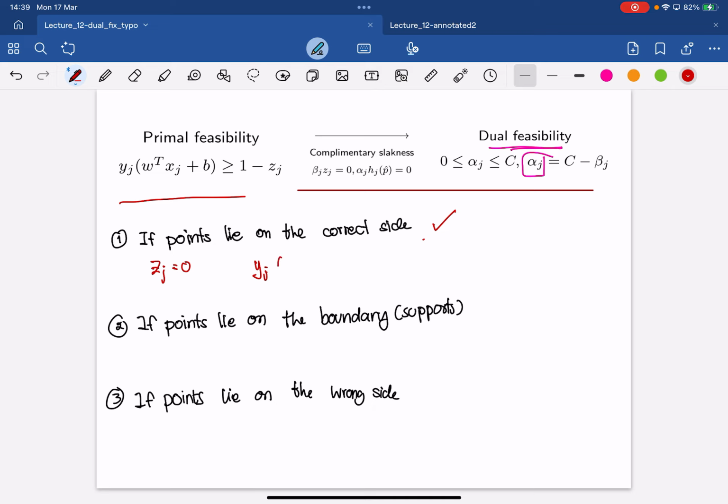And y_j times (w transpose x_j plus b) will have a value strictly greater than 1 because it was mapped to the right side. In other words, if we turn this into an h function, we can write h_j of p hat equal to this, but it's greater than 0.